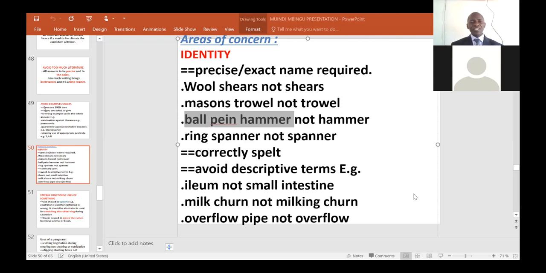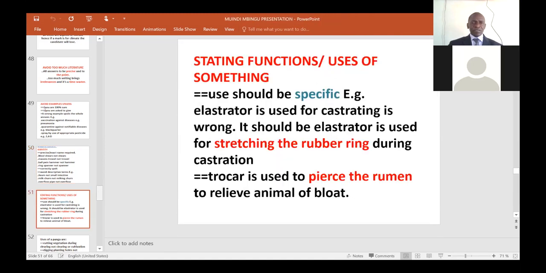Don't say it is milking churn. We don't have milking churn, but we have milking can for holding milk during milking. Are we together? Good. Oh, sorry, we are through with that.